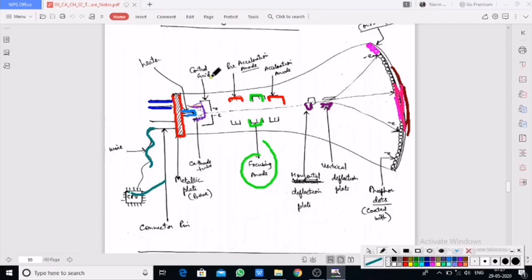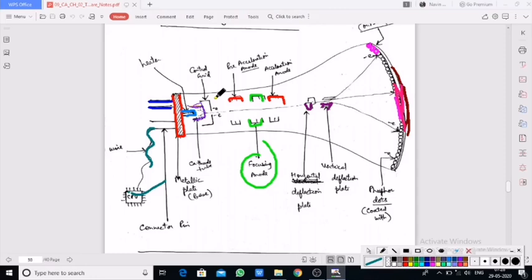Now there is a control grid here. This one is the control grid. So what is the task of the control grid? It controls the amount of cathode ray. If the amount of cathode ray is less, then it increases it. If the amount is large, then it decreases it.